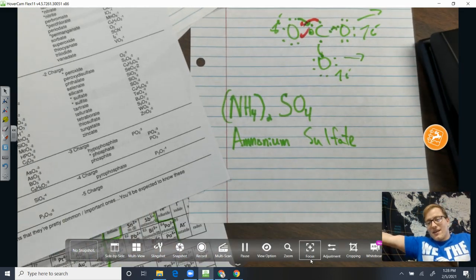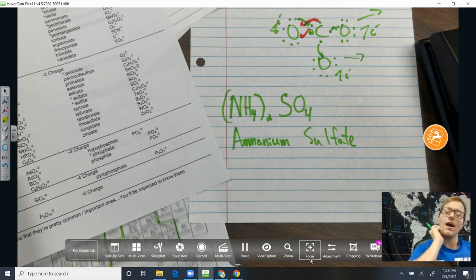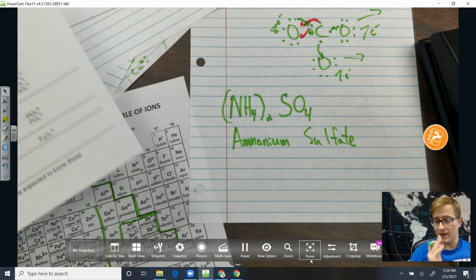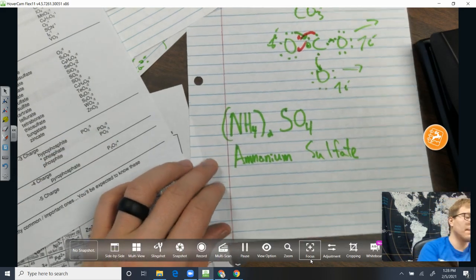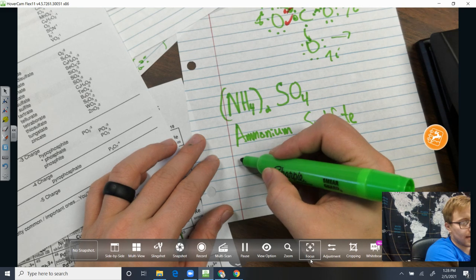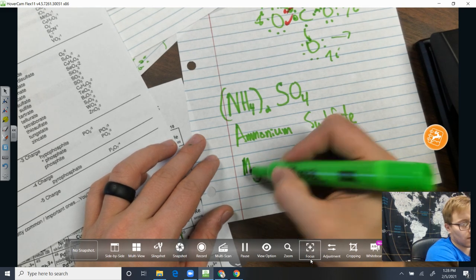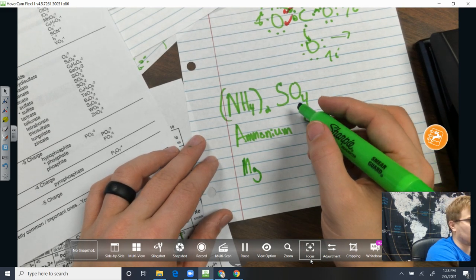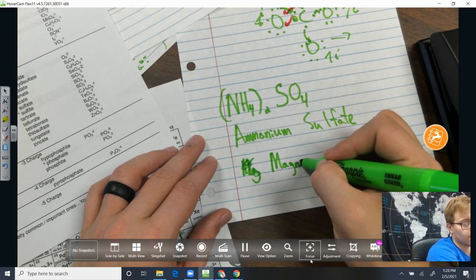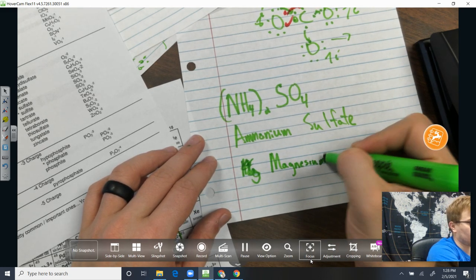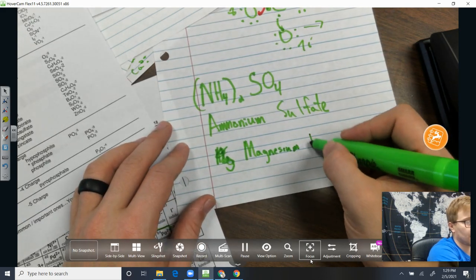You can find it on the periodic table or in the polyatomic chart. To go the opposite direction, not as easy, but pretty much the same thing. Let's say I'm given magnesium peroxide.